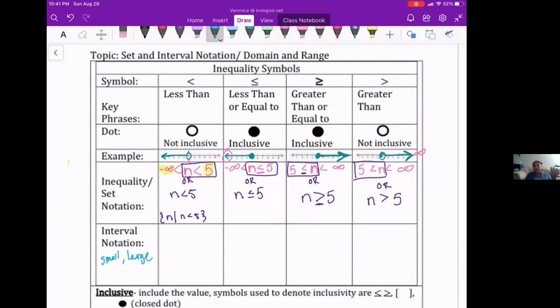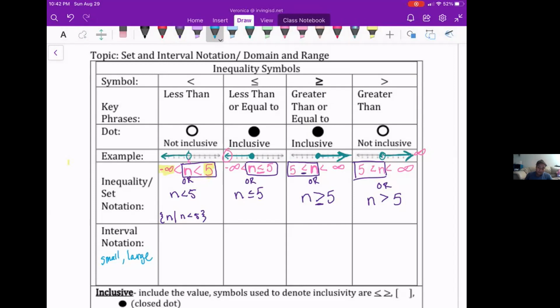You're always going to put the smaller number first and then the bigger number second. It's always going to go in that order. If infinity is involved, it doesn't matter. Negative infinity would still be your small, and positive infinity would always be your large. So if you have negative infinity, it's always going to go on the left. If you have positive infinity, that's obviously going to go on the right.